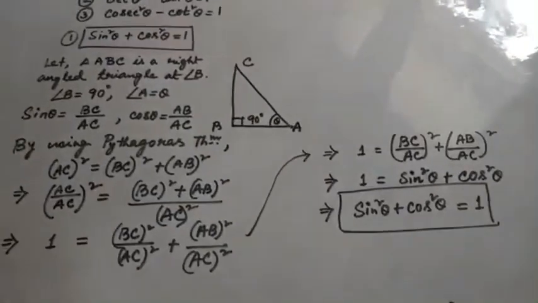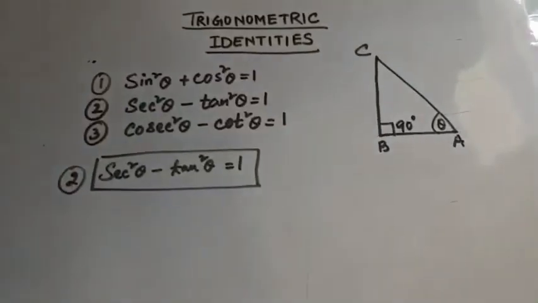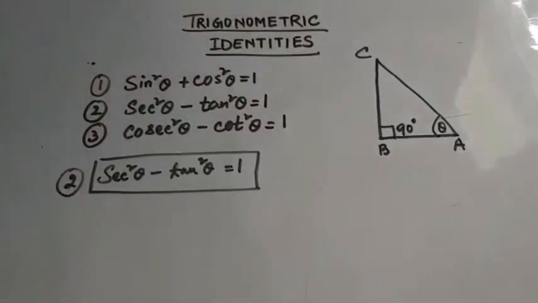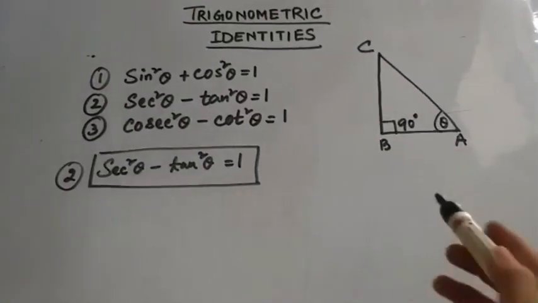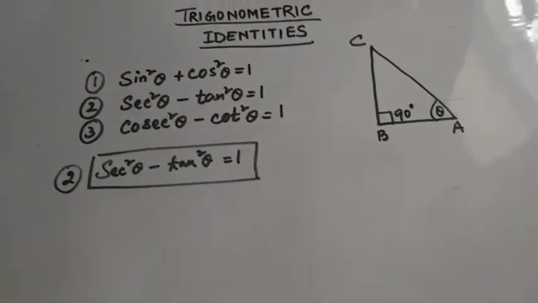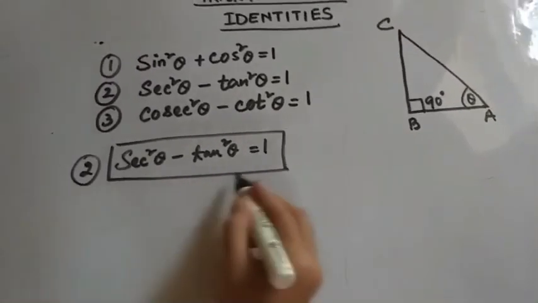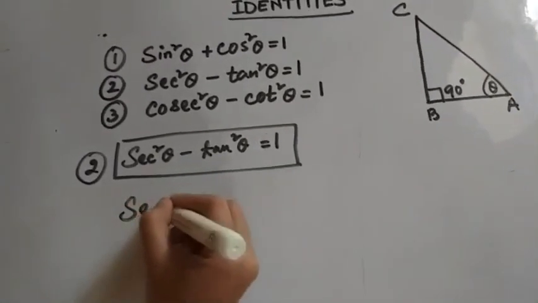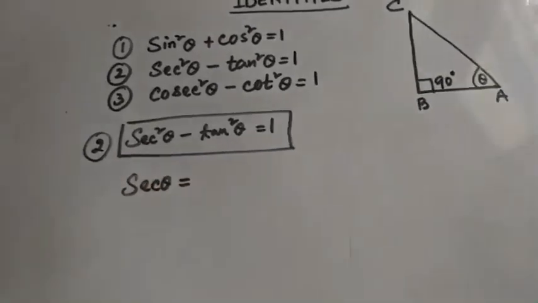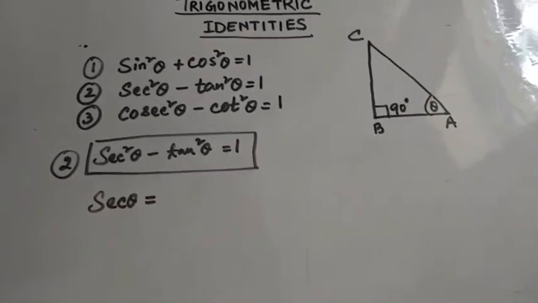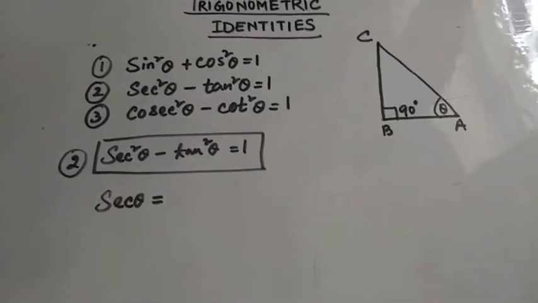Now we will prove formula number 2. The drawing will be the same. To see the formula, what will be the value of sec theta? The ratio of sec theta will be hypotenuse divided by base.